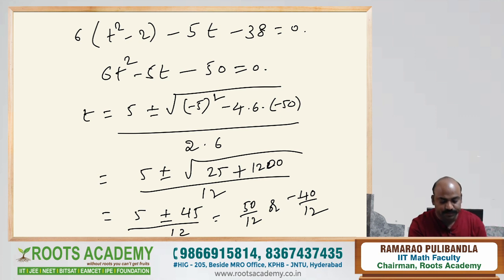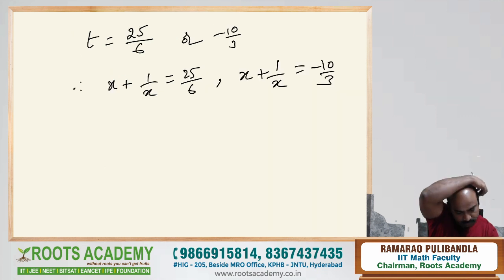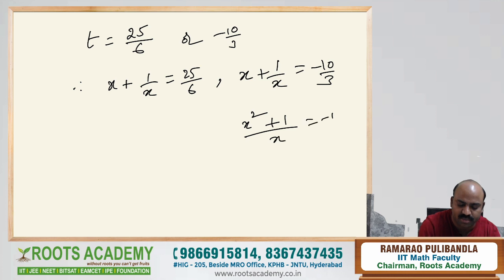1225 is correct only, right students? From this you can get your x values, right? So can you solve this x values? x plus 1 by x equal to minus 10 by 3.